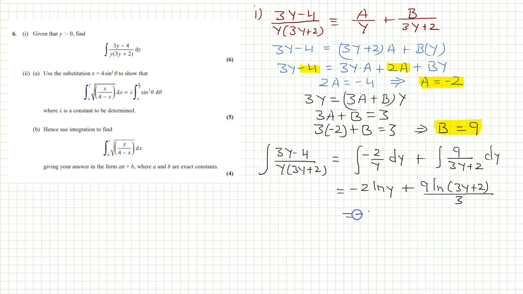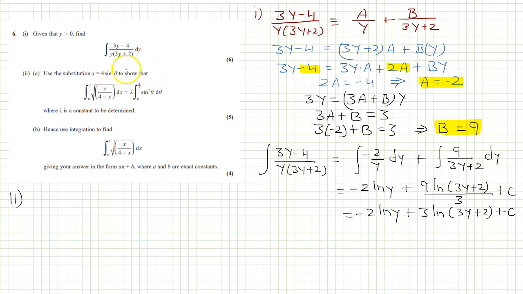So that is equal to minus 2 ln y plus (9 over 3), that is 3, ln(3y plus 2) plus c.